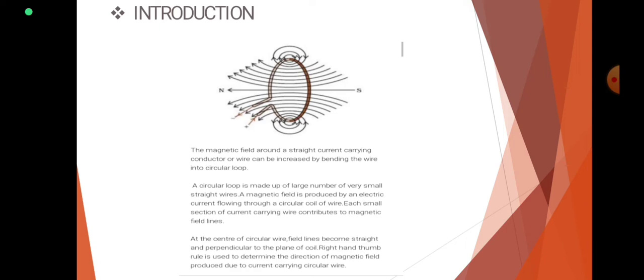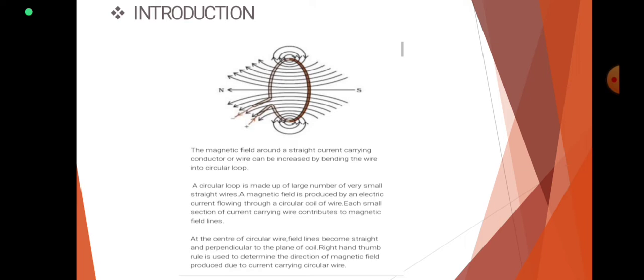The right hand thumb rule is also used in this circular coil. When we hold a straight current carrying wire in our right hand in such a way that the thumb indicates the direction of the current, the remaining fingers determine the direction of the magnetic field.